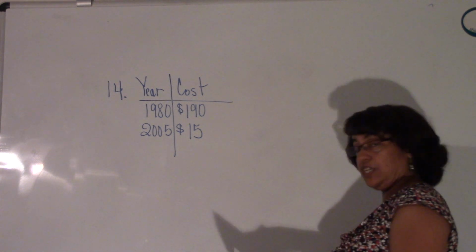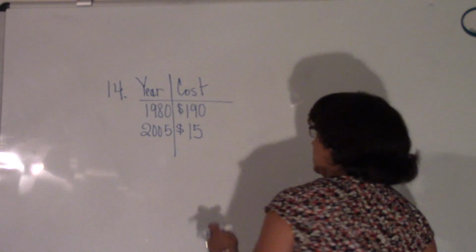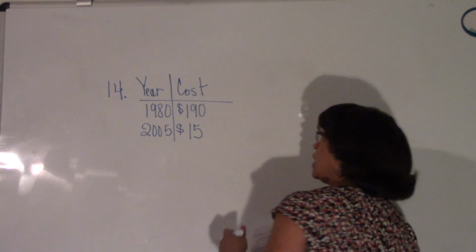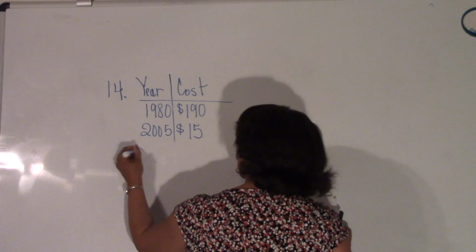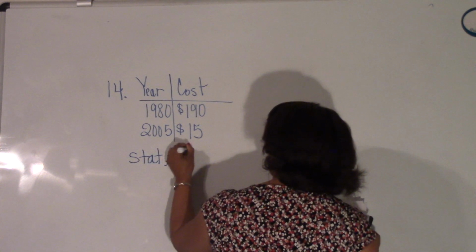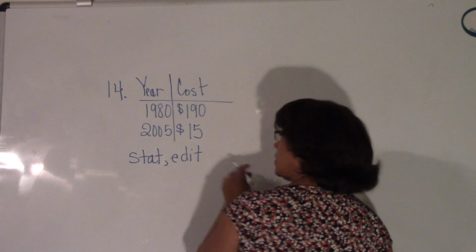I went ahead and put in the years. I'm going to show you how to change your calculator where it starts, where you can look at the values. So first, let's hit stat, edit, and put in the data.